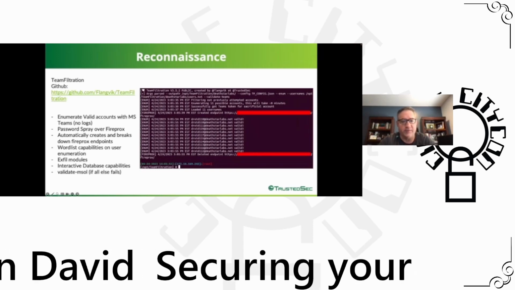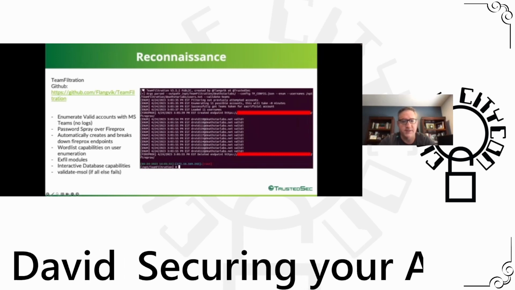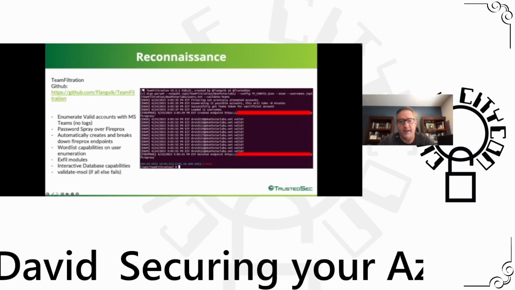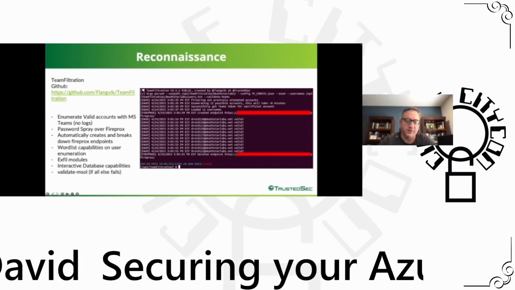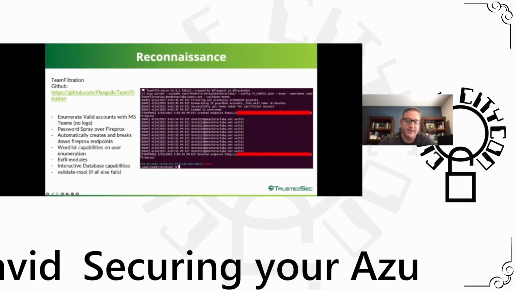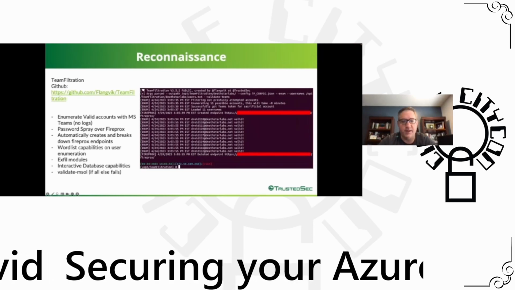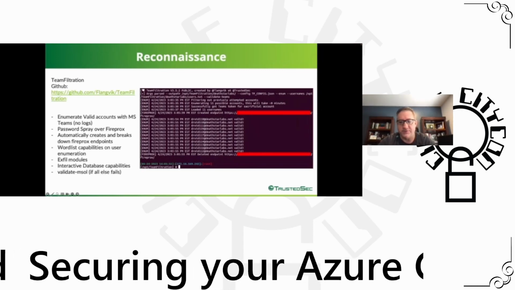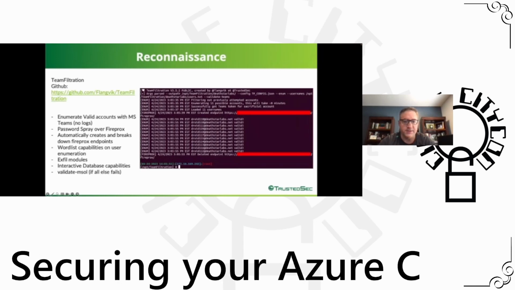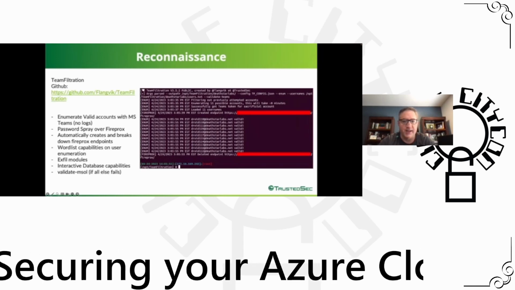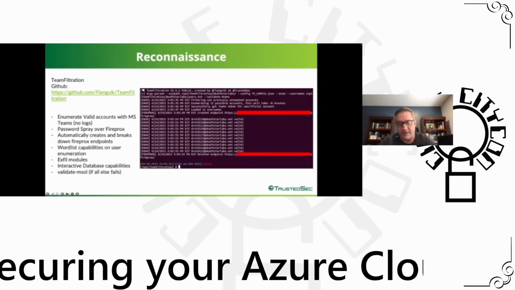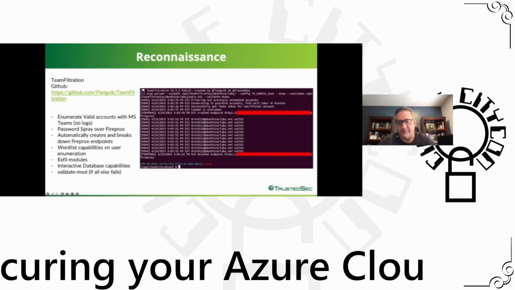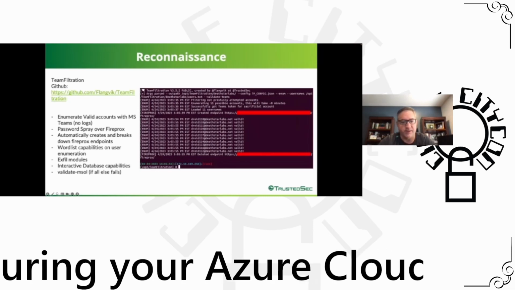You can do data exfiltration. It has its own built-in word list, so it has statistically likely usernames built in. If you are not enumerating enough addresses, you can bring your own word list and use things like census data. And you can target Microsoft Teams endpoints with it as well.